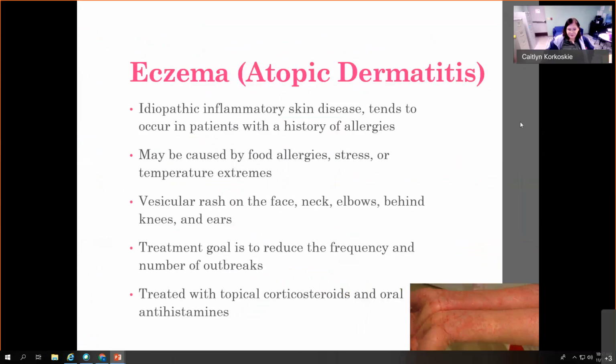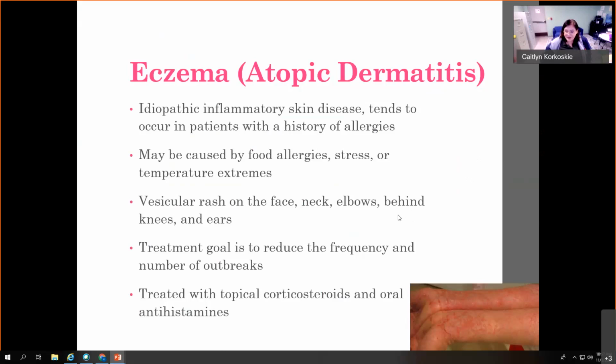Okay, so eczema. This is a chronic skin disease that's caused by inflammation. It tends to occur in people who have skin allergies or sensitivities. Sometimes it can be caused by food allergens. Stress can make someone's eczema flare up, and temperature changes are one of the most common triggers.